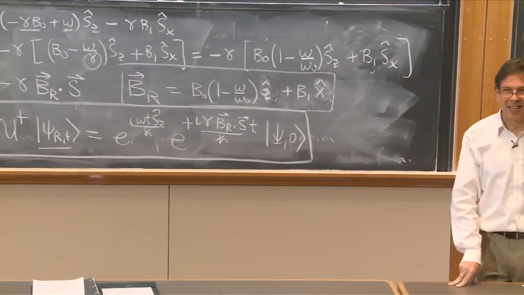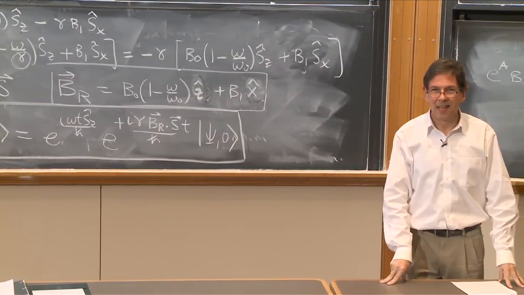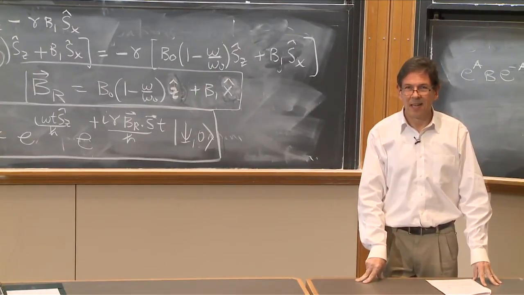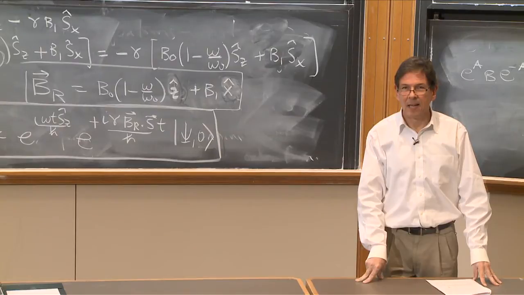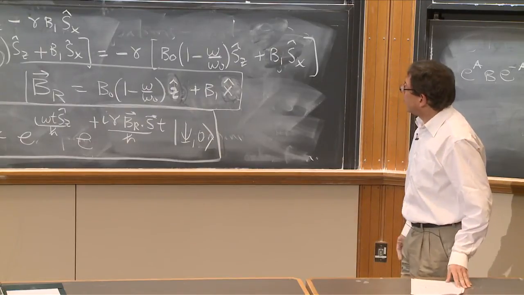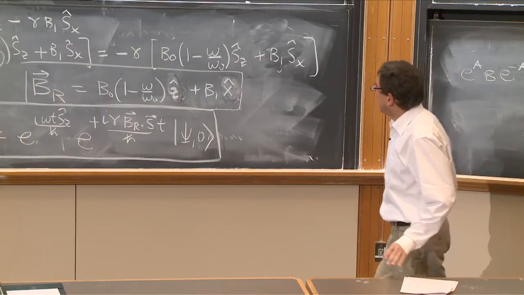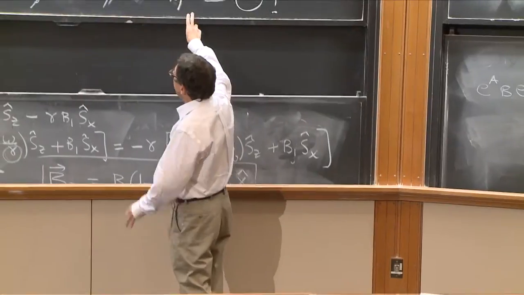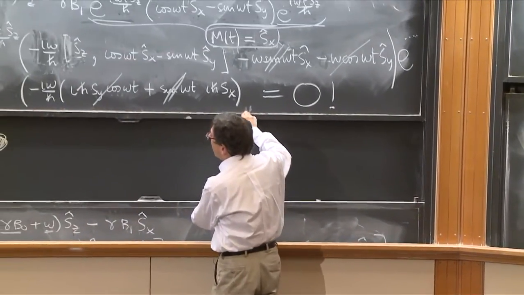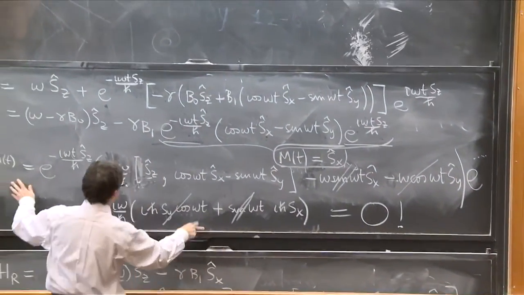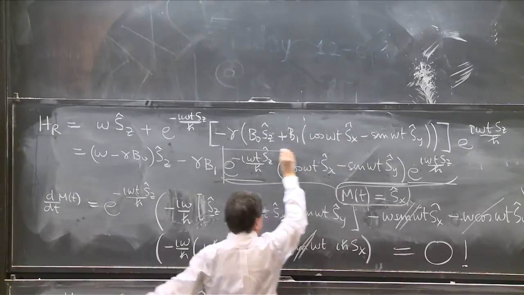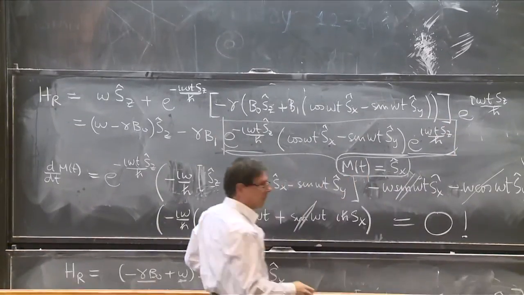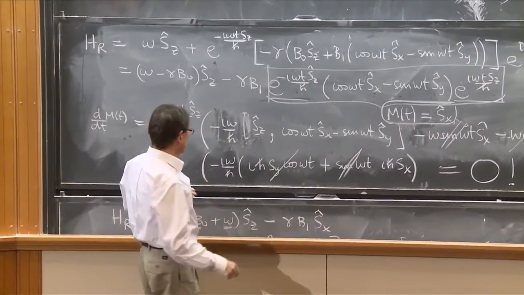Yes? This is a question, not a clarification. When you're taking d/dt of M of t, how can we take the commutation relation with the Hamiltonian? Why is that the Hamiltonian that we take the commutation with? We take the time derivative of M of t. Here was M of t, from here to here. So why is it on the left side of the commutation?